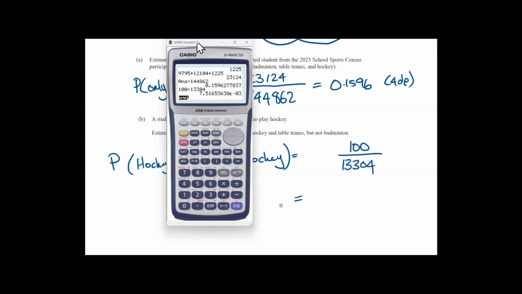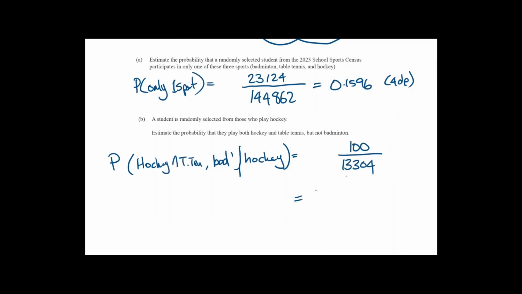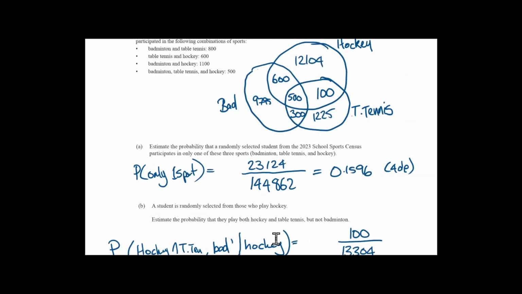So that's 7.516 times 10 to the negative 3, which is 0.007516. Yeah, really, really small.